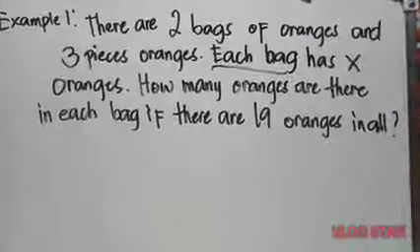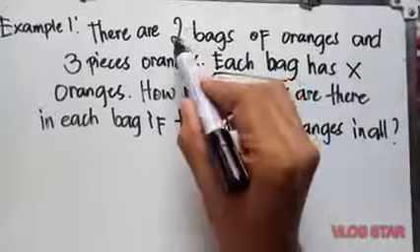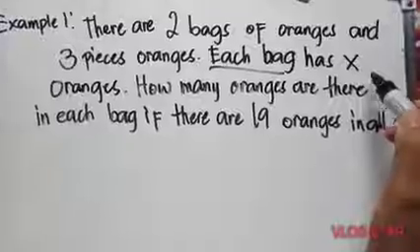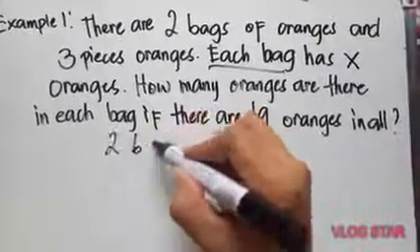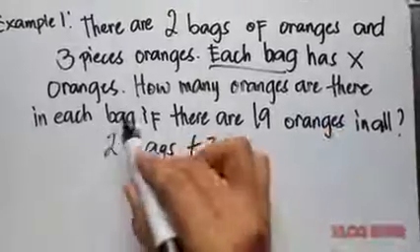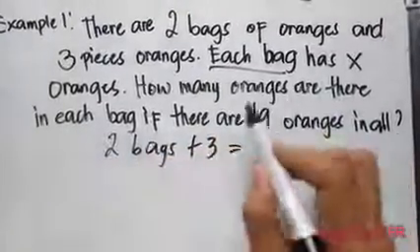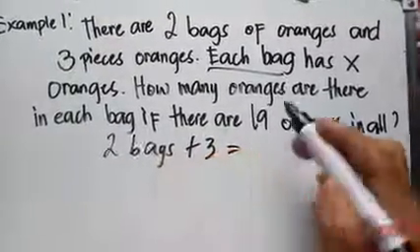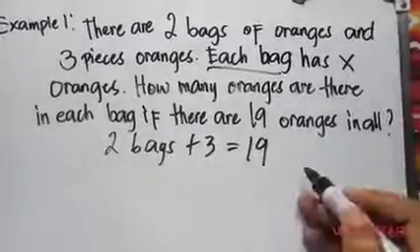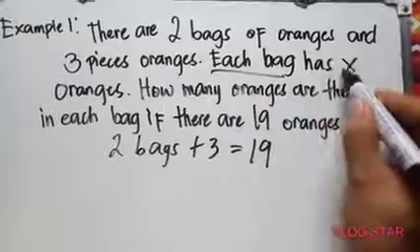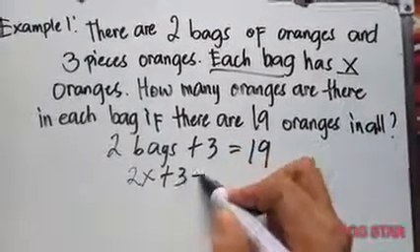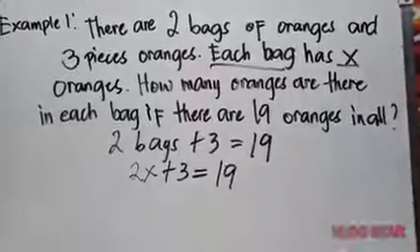So 2 bags of oranges and each bag has x oranges. So let's say 2 bags plus 3. Then it says here that there are 19 oranges in all. So 2 bags plus 3 is equal to 19. Then bags is x, so 2x plus 3 is equal to 19.